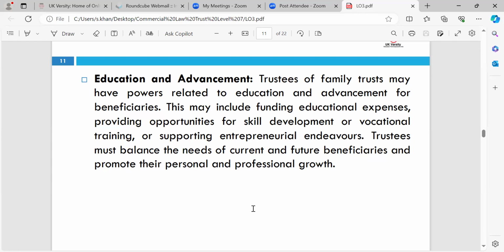And it creates a safeguard for your assets and ensures that they ultimately pass to those beneficiaries that you choose, no matter what happens.